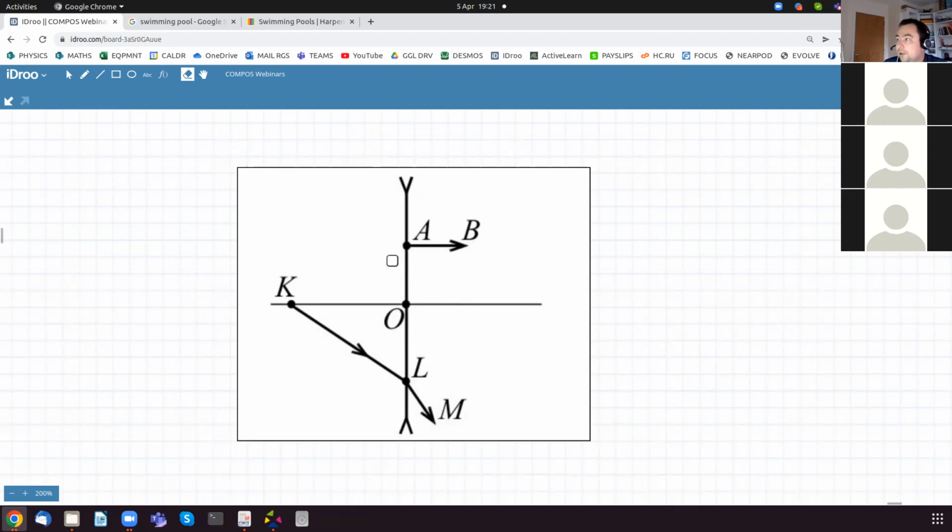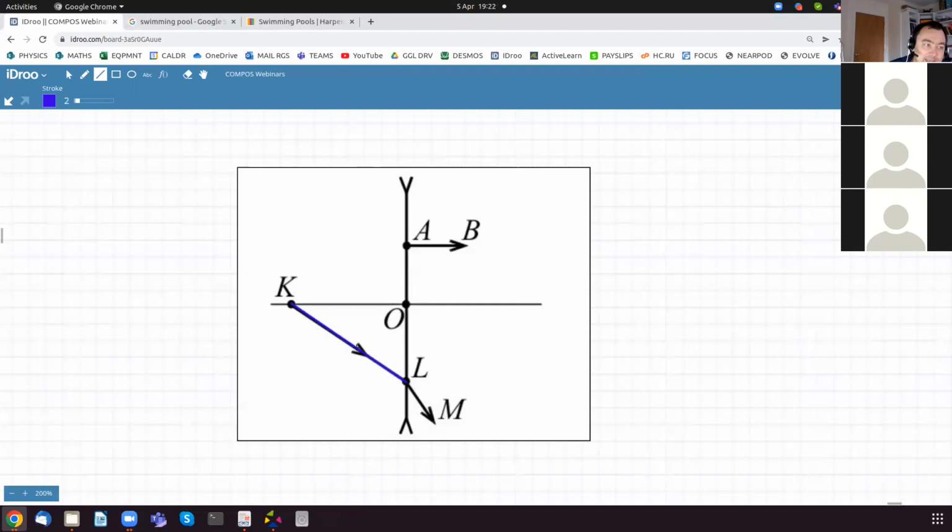Well, we're going to draw a line parallel to KL through the center of the lens.